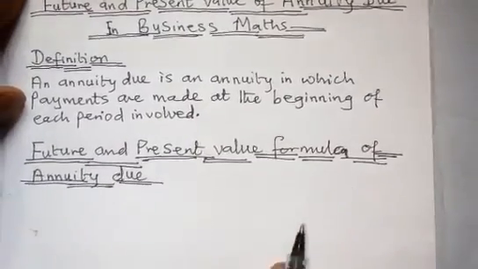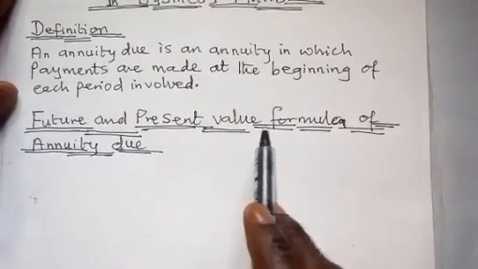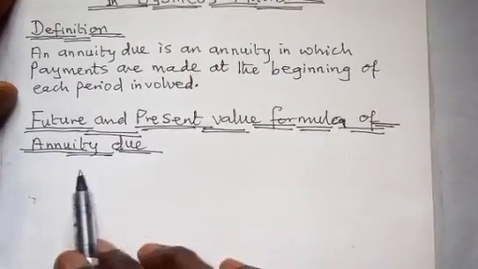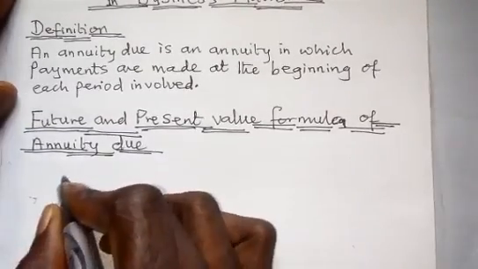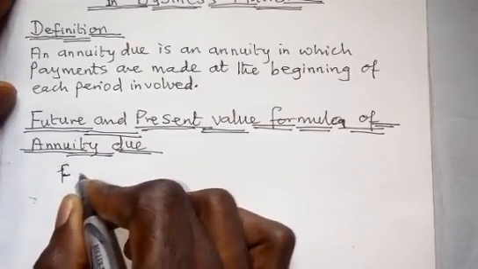So let's get right into the future and present value formula of annuity due. Let's start with the future value formula.